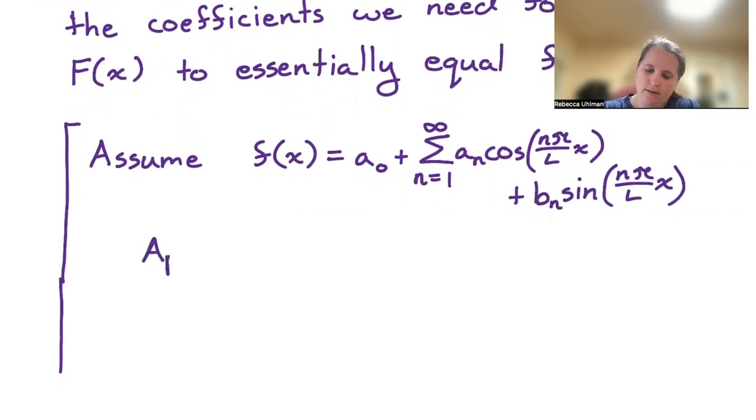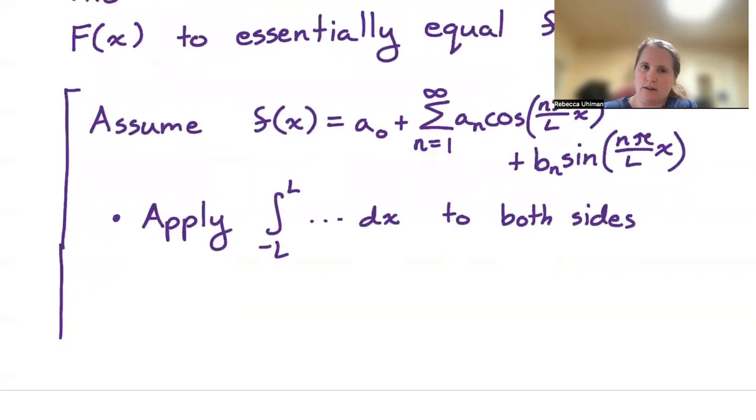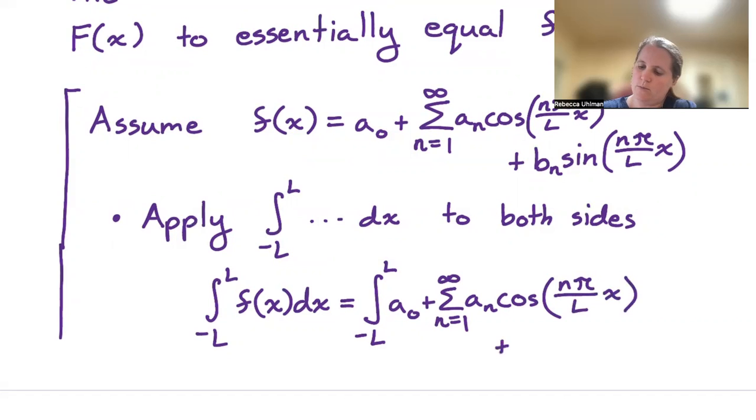So if we apply just the integral from negative L to L dx to both sides, then we get that the integral from negative L to L of f of x dx is equal to the integral from negative L to L of a naught plus the sum from n equals 1 to infinity of a sub n cosine of n pi over L x plus b sub n sine of n pi over L x dx.